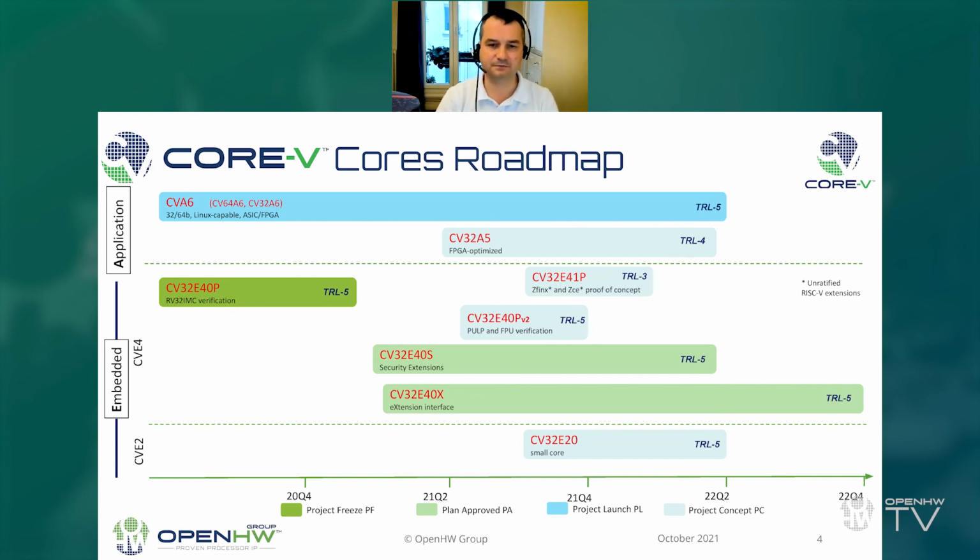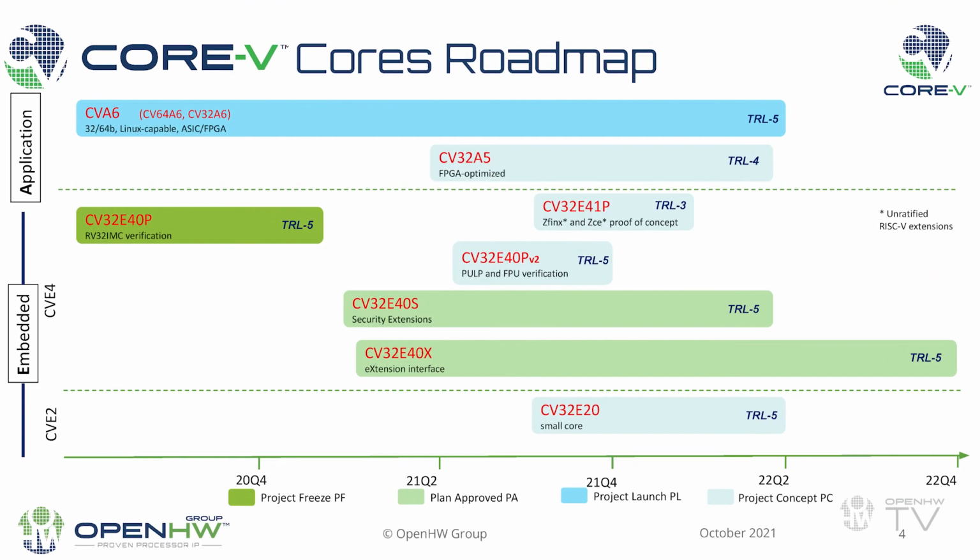And then jumping to the application side, you have the CV-A6 family, which includes 2 cores, the CV32A6 and the CV64A6 cores, which support Linux and target ASIC and FPGA. And obviously, you have a 32 and a 64-bit version of this core.